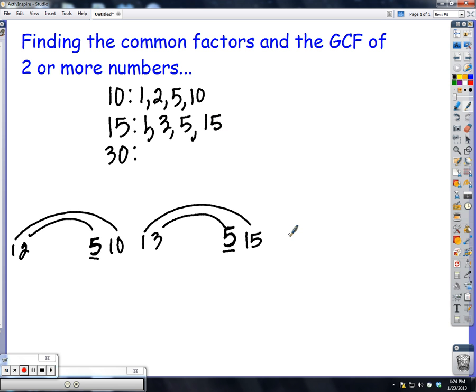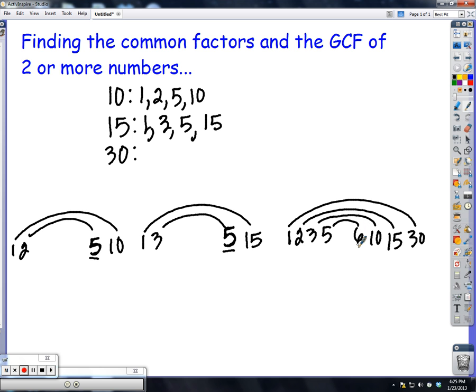And last of all, the factors for 30. 1 times 30 is 30. 2 times 15 is 30. 3 times 10 is 30. 30 is not divisible by 4, so we'll leave that out. 5 times 6 is 30. And then 6 times 5 is 30. That's where we repeat. So we have found all of the factors: 1, 2, 3, 5, 6, 10, 15, and 30.